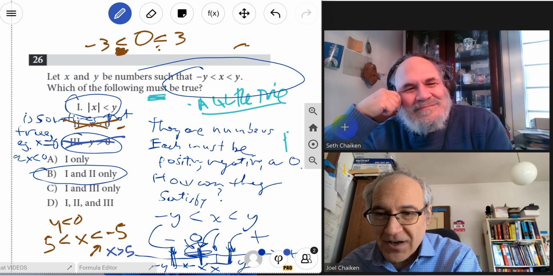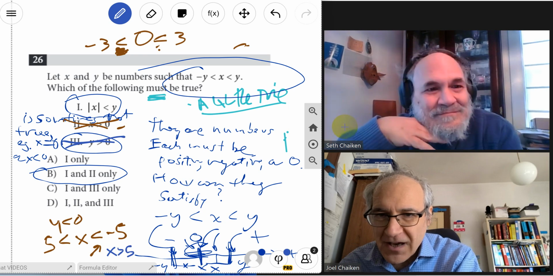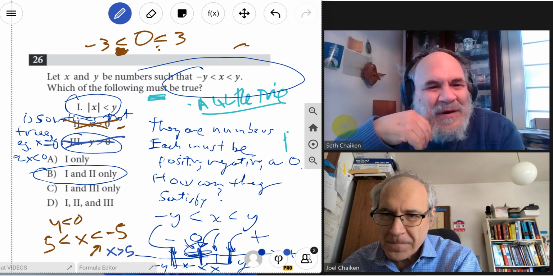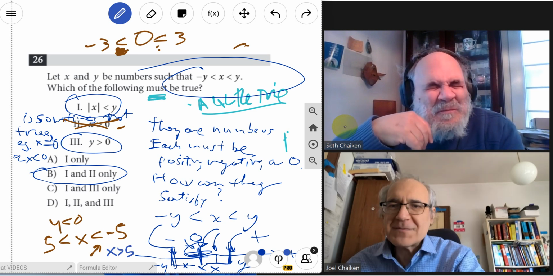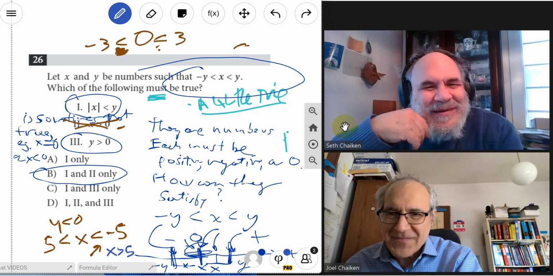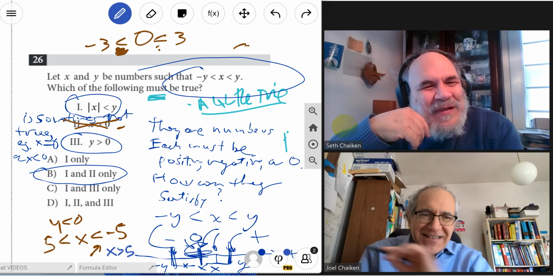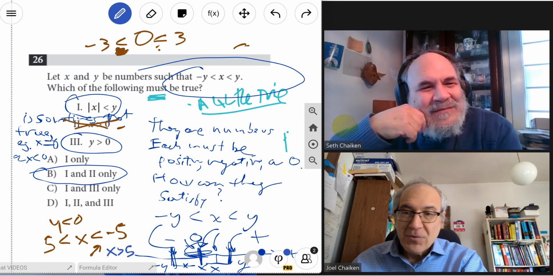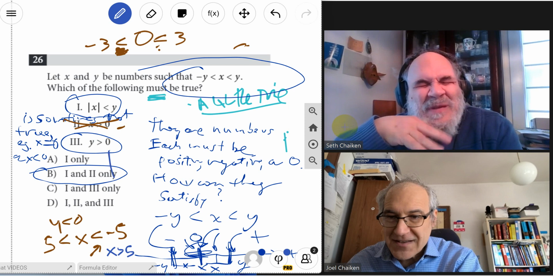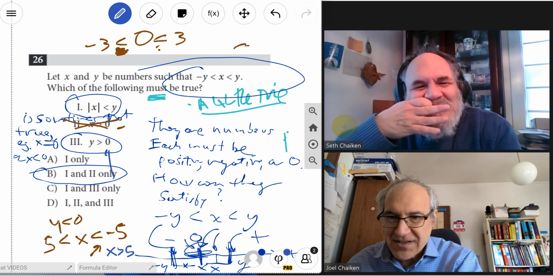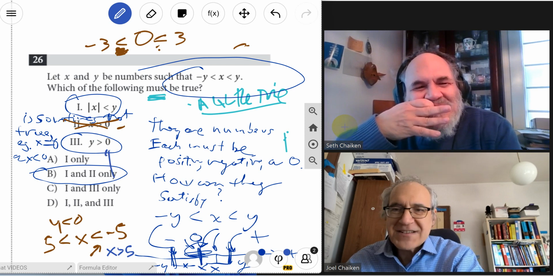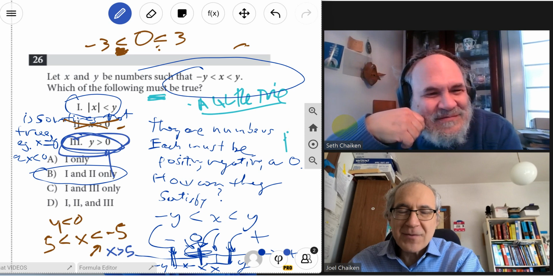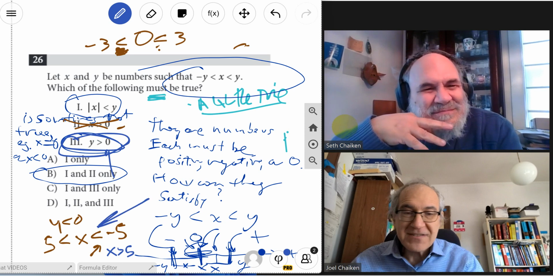Wait a minute. No, I'm sorry. Yes, this cannot be true. You can't have a number less than negative 5 and greater than 5. Y has to be greater than 0, because if Y is less than 0, you get something that doesn't make sense.